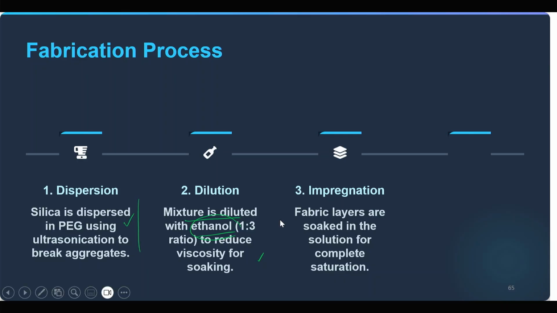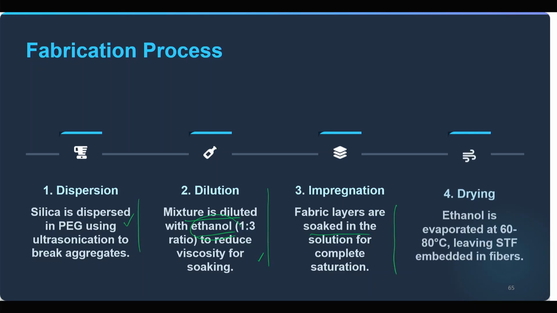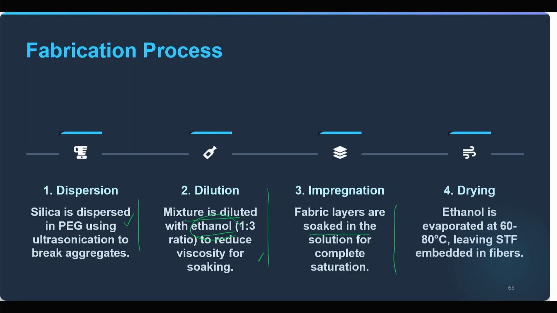Then we have to impregnate the fabric in this dilute solution. So, fabric layers are soaked in the solution for complete saturation, and after that we take the soaked fabric and may use the padding mangle to remove the additional solution.